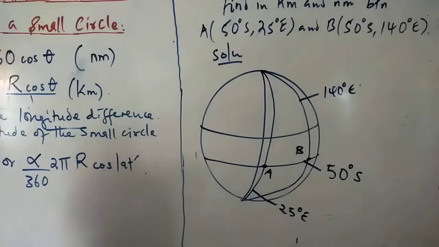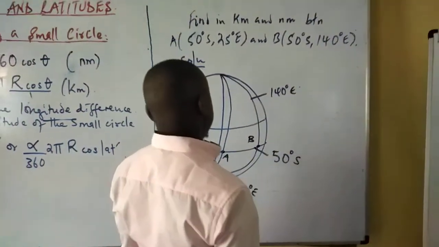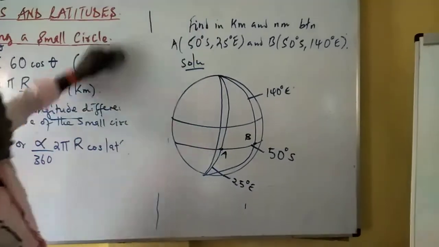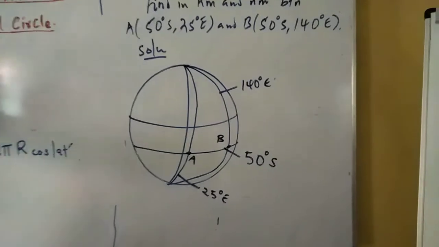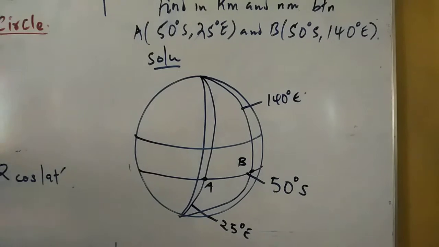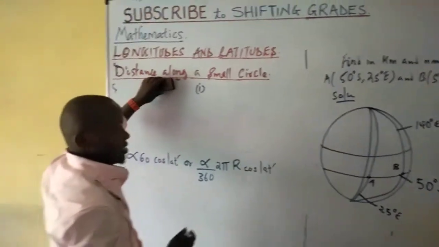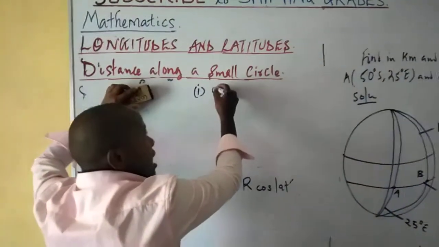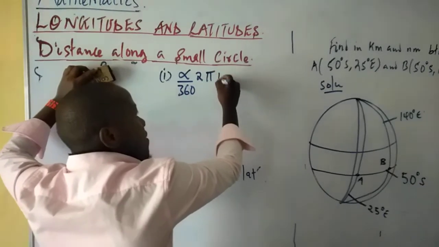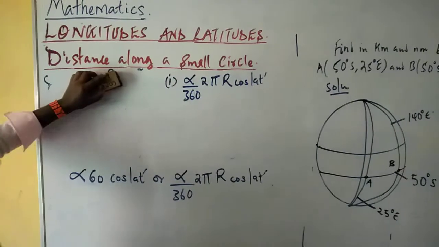Therefore, we are getting the distance for these two places, and we have said that the formulas are here. Let me start with Roman 1 by getting the distance in kilometers. Distance in kilometers is given by alpha over 360 times 2 pi r cosine of the latitude, where the two places are.